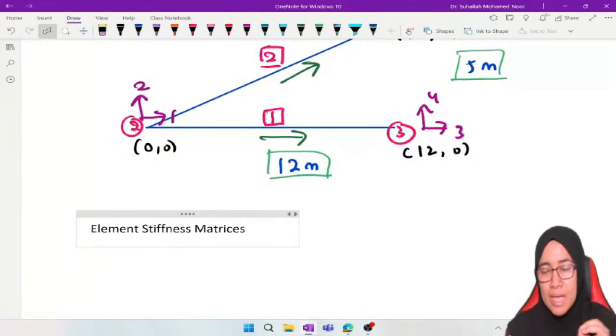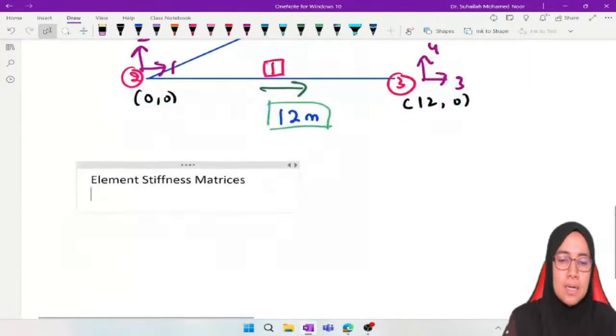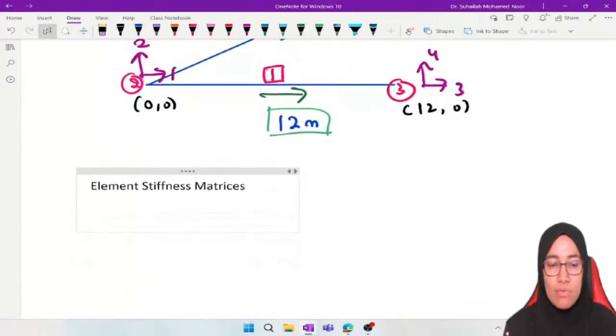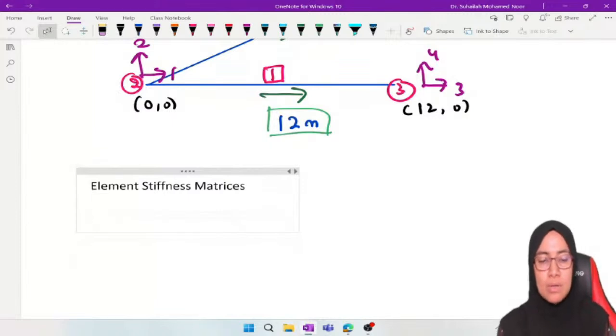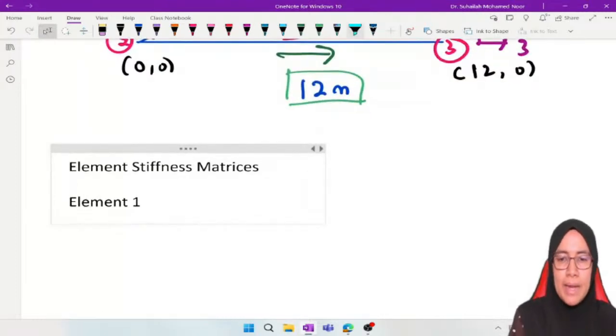We will establish them one by one, which means we have to focus on one element at a time. We focus on element number 1 first.